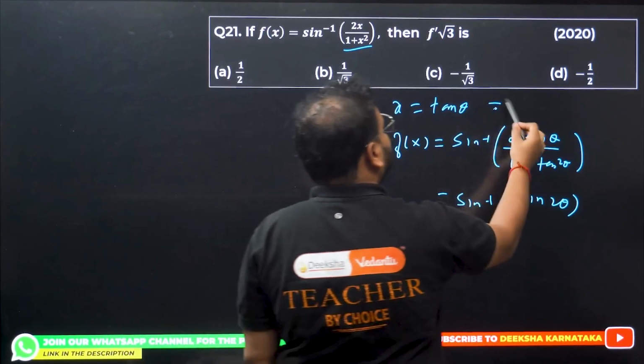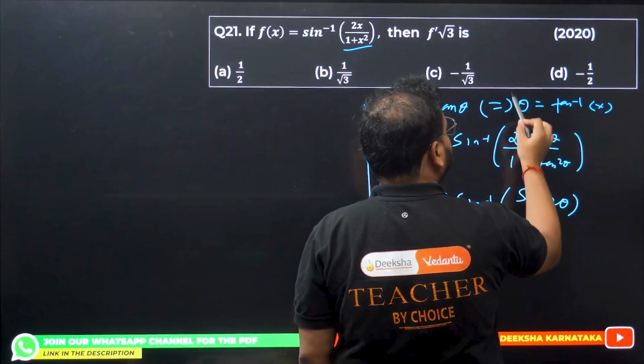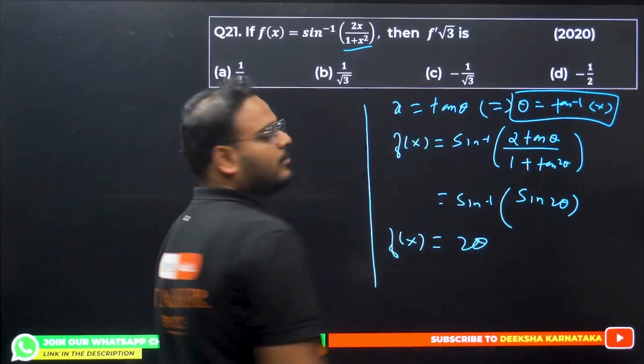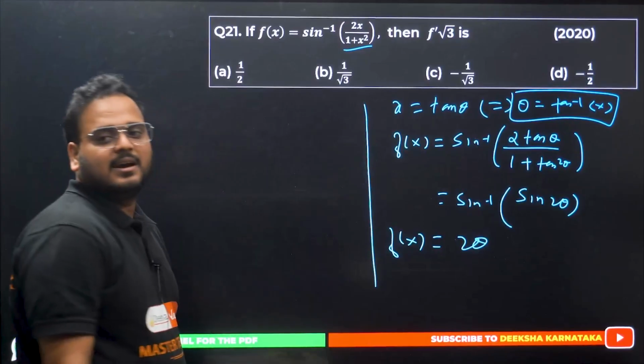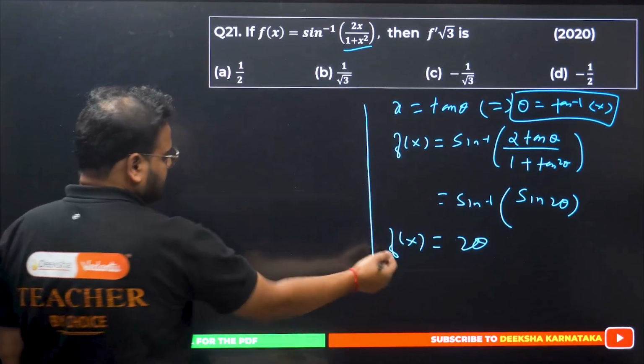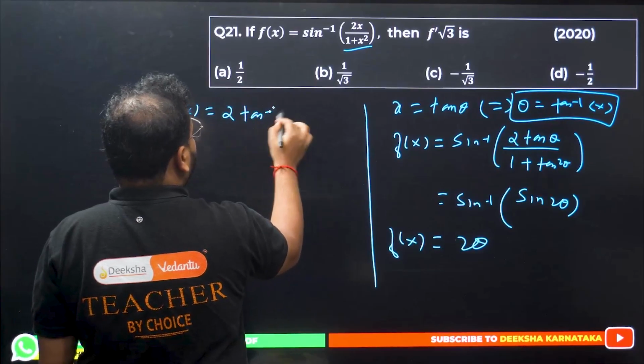From here you can get theta value is nothing but tan inverse of x, from the assumption I have taken x equals to tan theta. So f of x equals to 2 times of tan inverse of x.